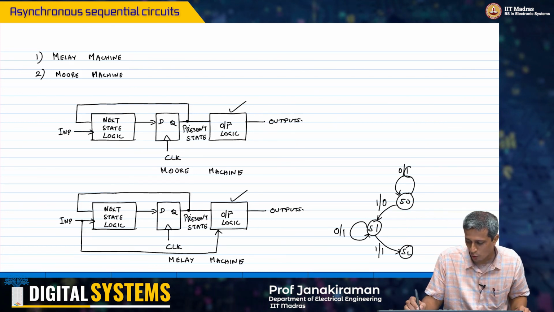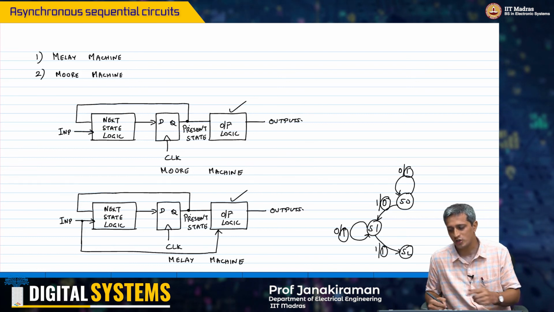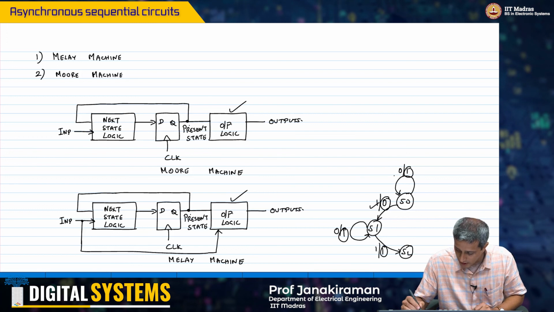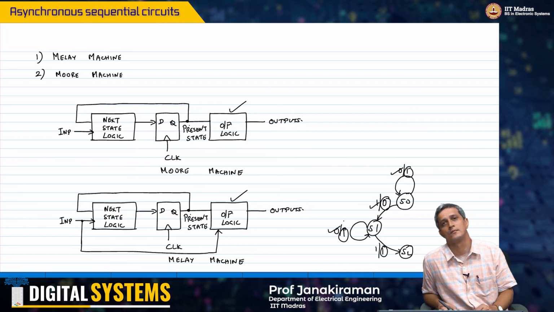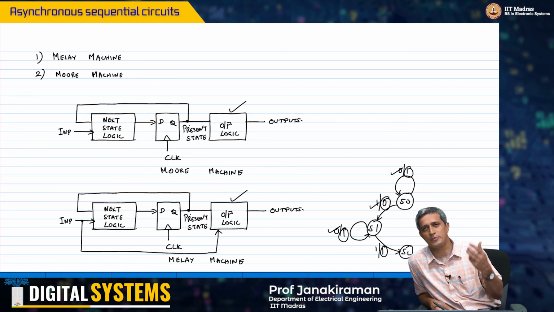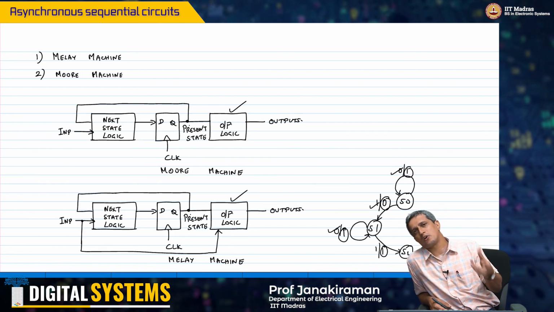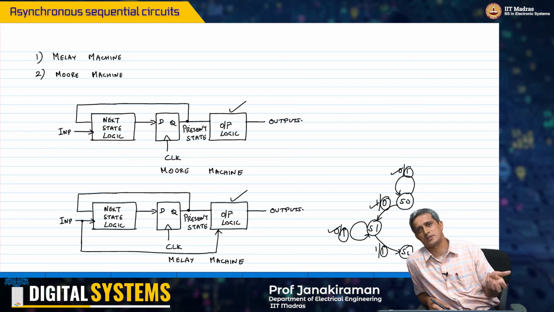So essentially the output value will have to be written outside the state circle, because it also depends on these input values, right? So the moment you look at a state diagram, you can easily say if it's a Mealy machine or a Moore machine and then determine if the outputs are going to be synchronous or asynchronous.